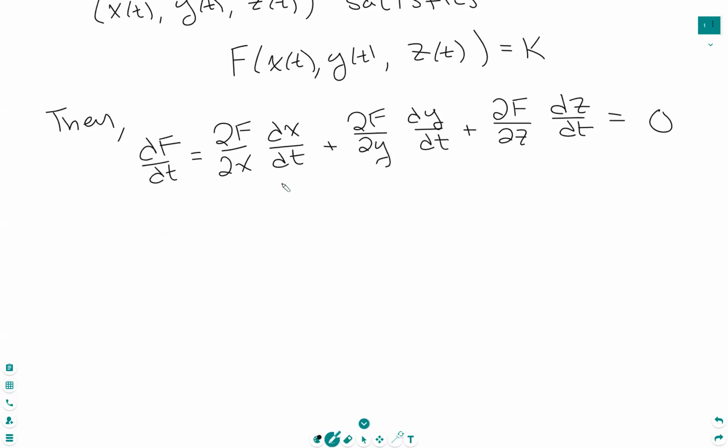Well, let's look at this segment right here. We can rewrite this as the gradient of our f function. Notice here, this is partial f partial x, partial f partial y, partial f partial z, and this is dotted with dx/dt, dy/dt, dz/dt.